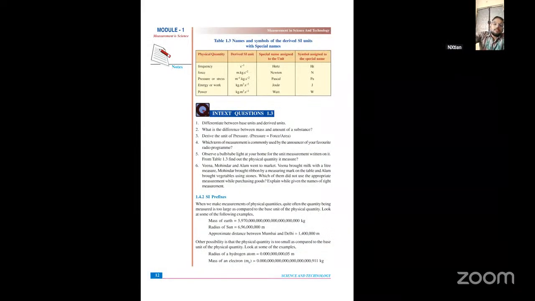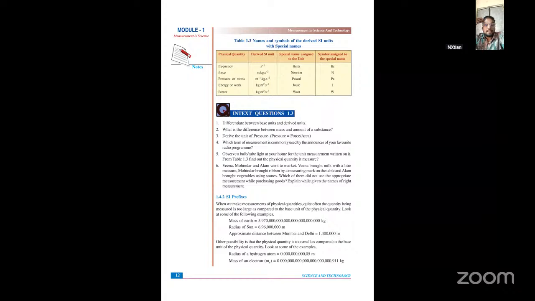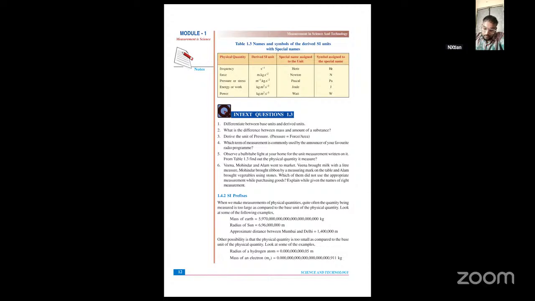SI prefix is basically nothing else. It's basically writing the number as a multiple of 10, a power of 10.